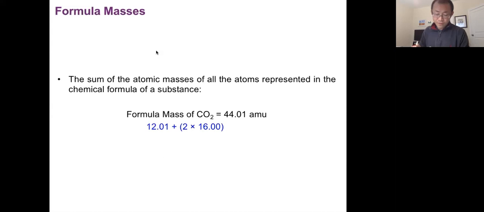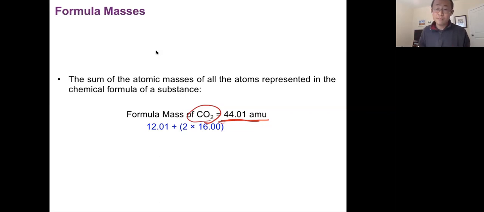For a formula like CO2, CO2 means 1 carbon and 2 oxygen. Adding the atomic masses: carbon 12, oxygen 16, 2 of them, 2 times 16, so I get 44. That mass is called the formula mass. It doesn't have a unit.